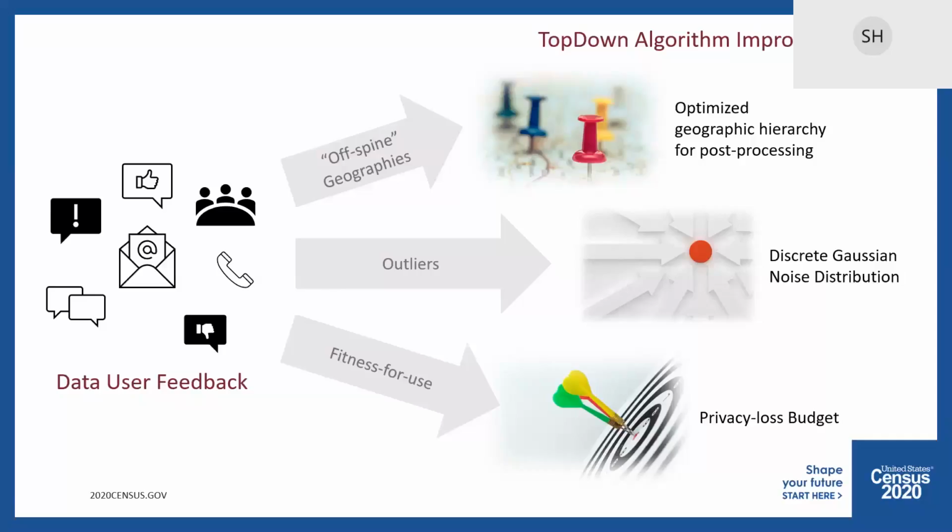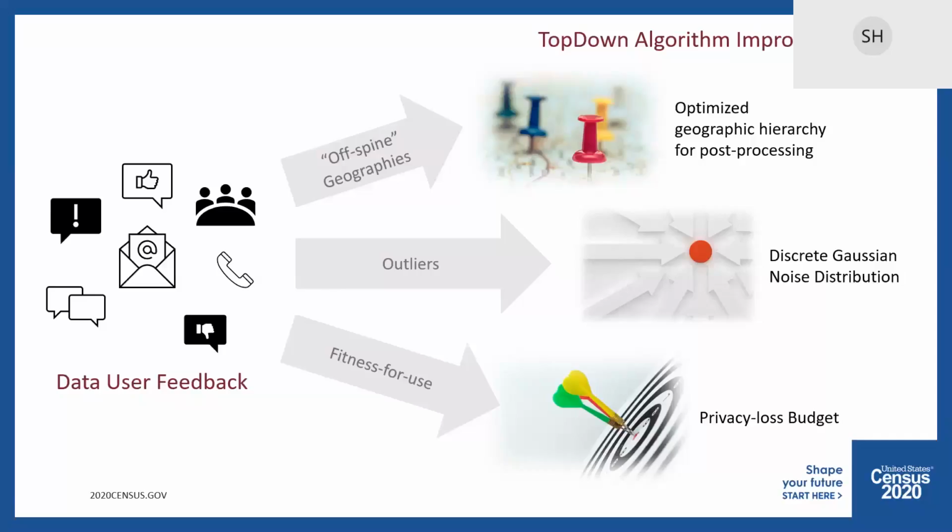And the third major change that we implemented for these demonstration data addresses just overall concern by our data users about the level of accuracy. So the first 4 sets of demonstration data that we released all used the same relatively conservative privacy loss budget that was tuned more to the privacy side of the spectrum.